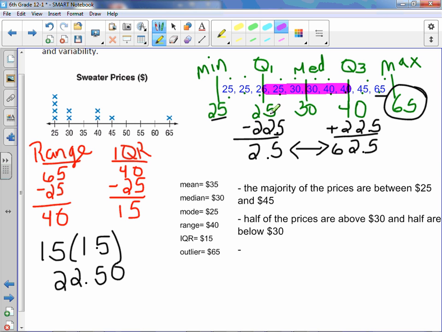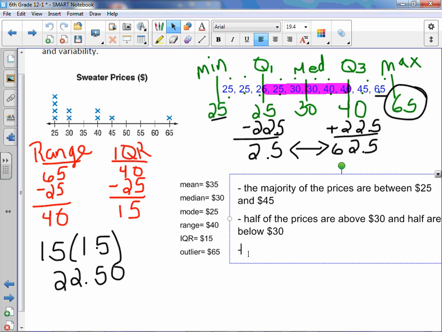Half of our values are between 25 and 40 as well. Half of the prices are between $25 and $40.